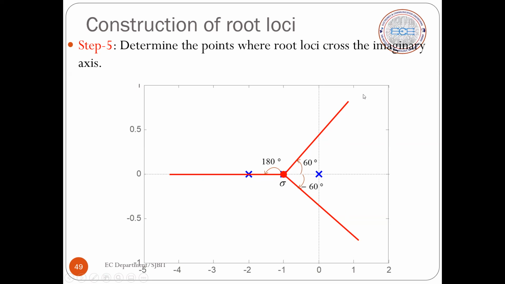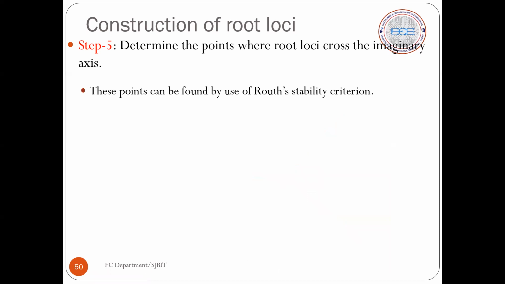Since asymptotes are crossing the imaginary axis, then definitely the root locus will cross the imaginary axis. So from this asymptote representation, we got to know that it is crossing the imaginary axis, because asymptotes are crossing. Definitely root locus follows the asymptotes, so root locus will cross the imaginary axis.